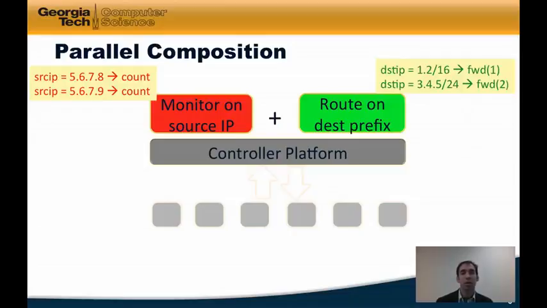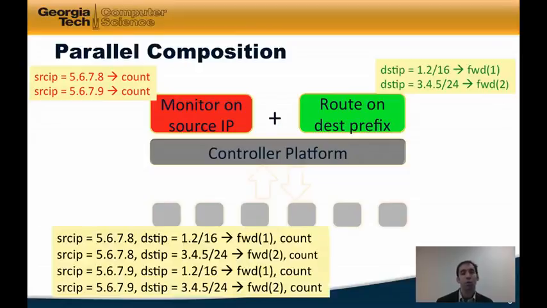Now in this case, we want both of these operations to happen at the same time. So we apply parallel composition, which produces a set of rules that effectively allows both of these operations to occur simultaneously. Note that with this paradigm, we do not have to worry about which OpenFlow rules to install first. The controller platform automatically takes care of that for us.